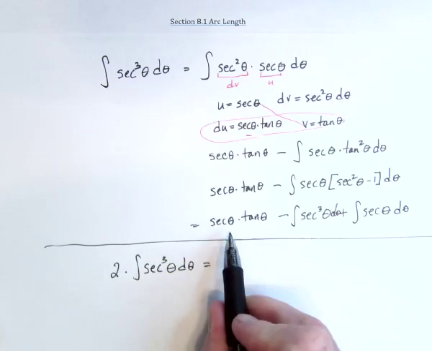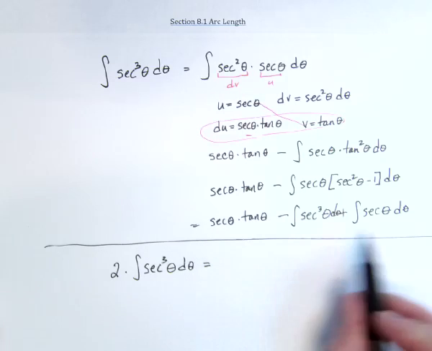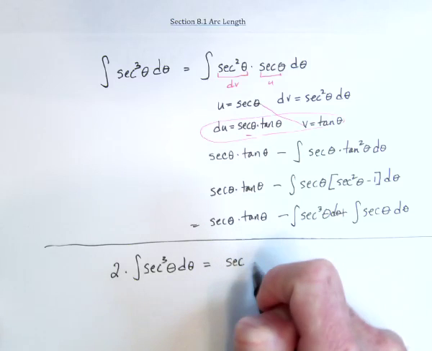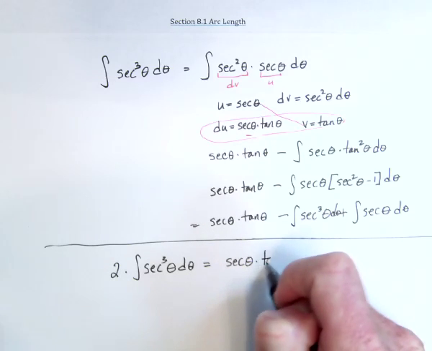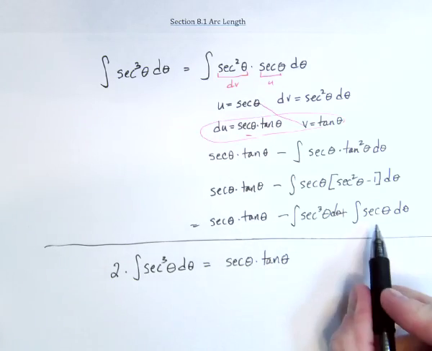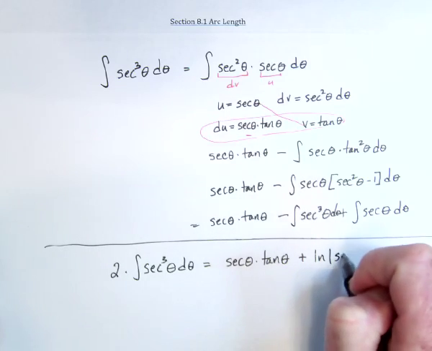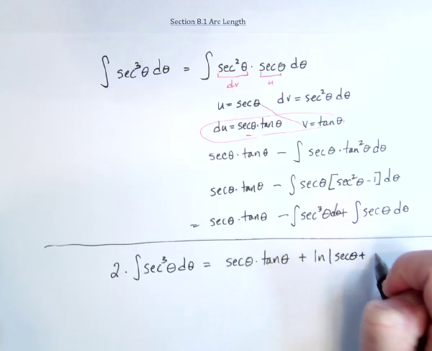On the right-hand side, we've got secant of theta times tangent of theta. And then this one, hopefully you know, is the natural log of secant plus tangent. So plus the natural log of secant of theta plus tangent of theta.